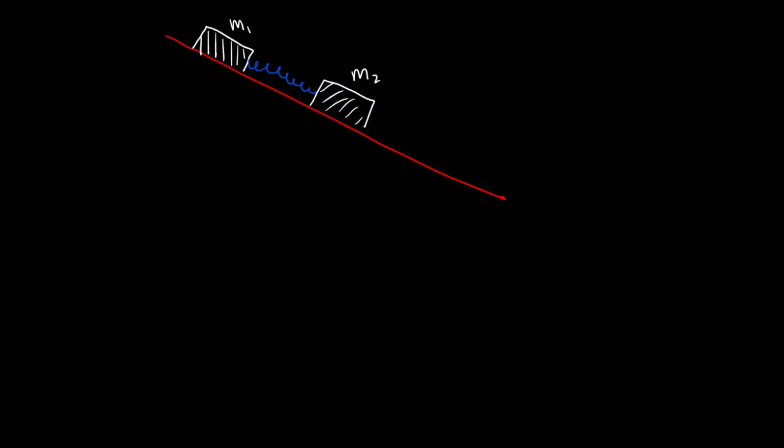Already we see this is going to take some thinking to set up in Newtonian mechanics. It's a fairly complicated system because we have force due to gravity. Well, I'll just say we have an acceleration due to gravity g, and this slope is at some angle theta. And so this might take some work to draw all our free body diagrams and write down the sum of our forces, yada, yada, yada.